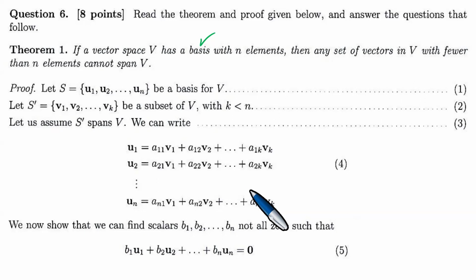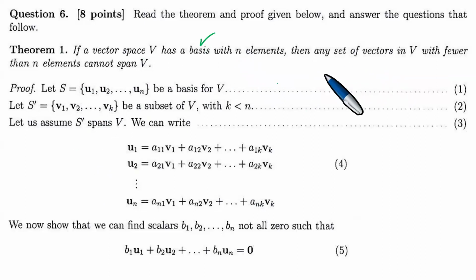There's something more I want to mention here. If a vector space V has a basis with n elements, what does it mean?